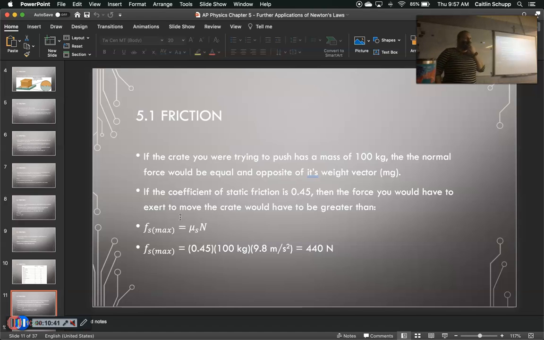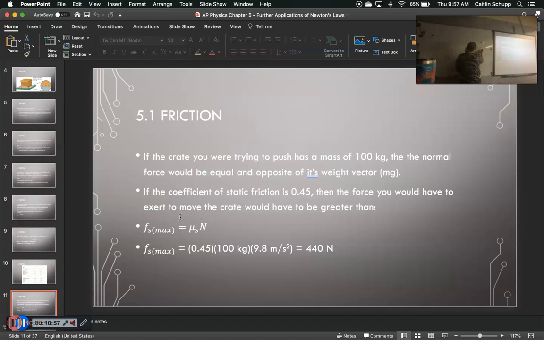So if F applied is any number up to 440, then the friction will be whatever the opposite number is. So let's go through a few scenarios. Let's go through scenario A. We know we need 440 newtons at least to get this to move.